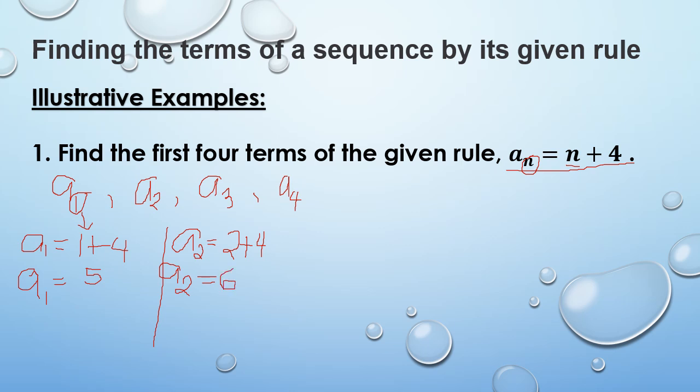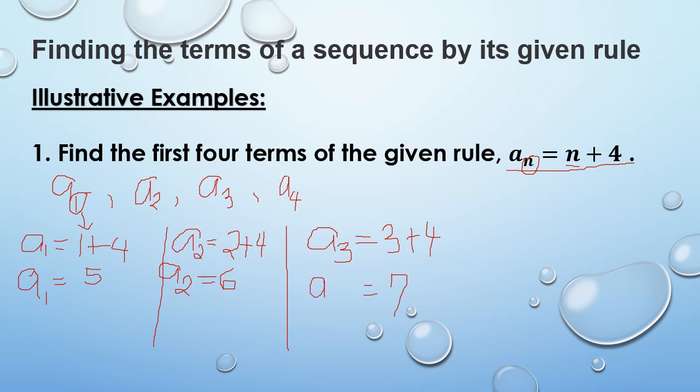Okay, next. A sub 3. So, again, just replace n with 3. So that's 3 plus 4, which is 7.